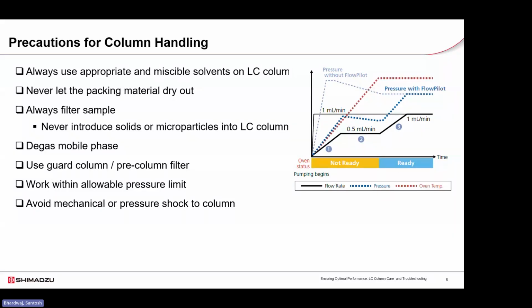It gradually increases the flow rate during system startup, reducing pressure stress on the column by synchronizing the flow increase with oven temperature stabilization. Flow pilot helps protect the column and extend its lifetime, especially for sub-2 micron columns, which are highly sensitive to pressure shocks.